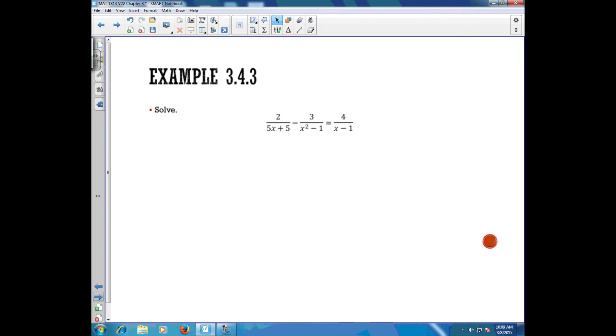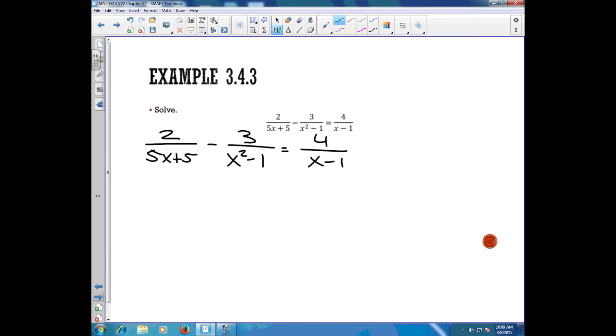Here's another one. This time we now have multiple factors in our denominators. So we want to start off by factoring the denominator. So we've got 2 over 5x plus 5 minus 3 over x squared minus 1, equals 4 over x minus 1. And so let's factor the denominators.